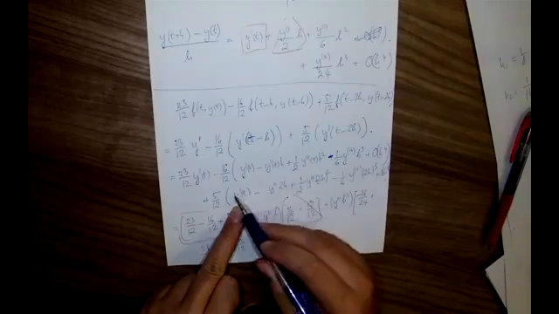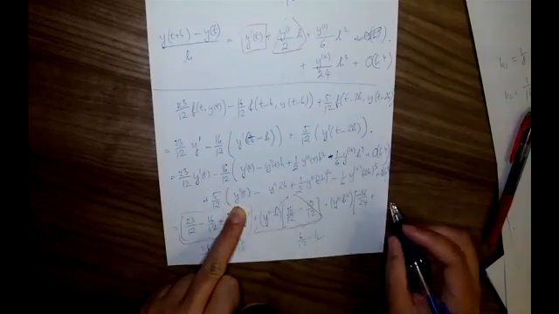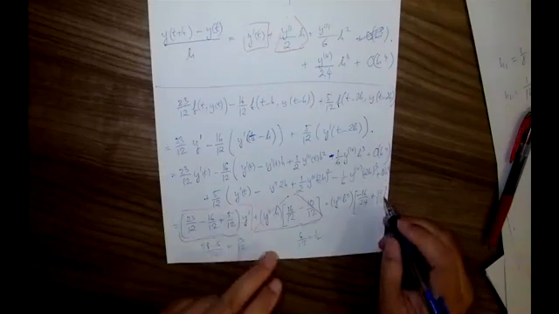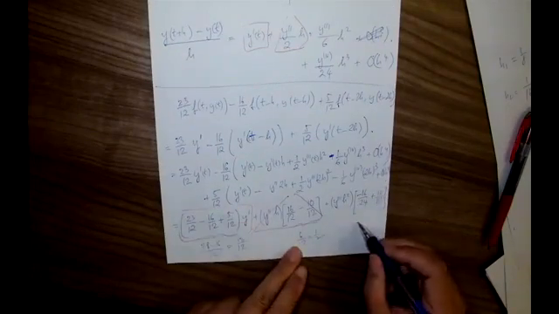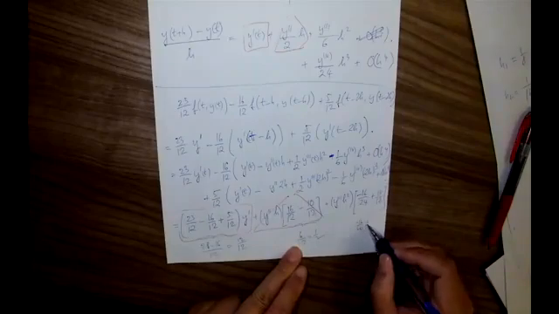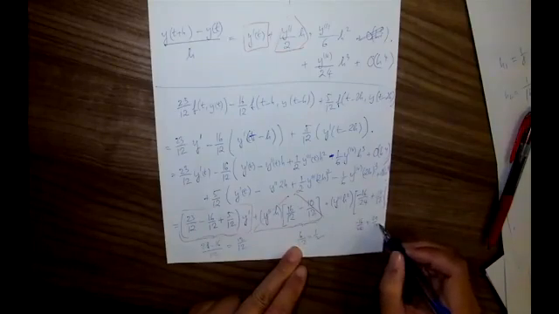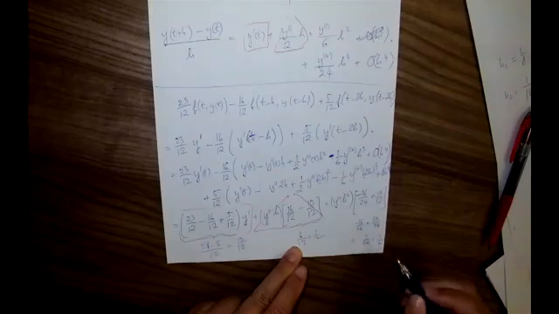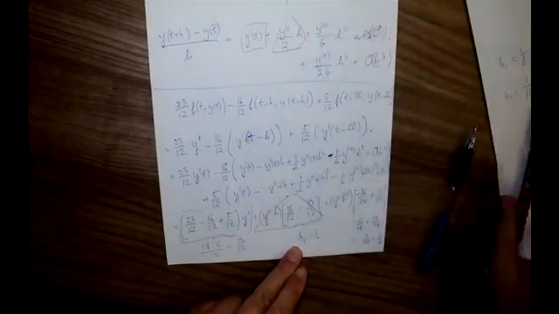So 2 times 5 is 10, so 10 over 12. So it will be minus 16 over 24 plus 20 over 24, so it gives you 4 over 24. So that is 1 over 6, and it does cancel with this one.